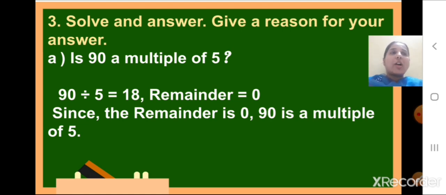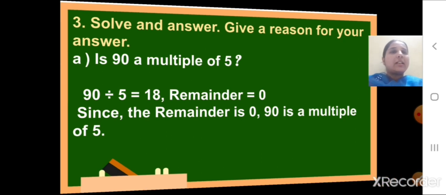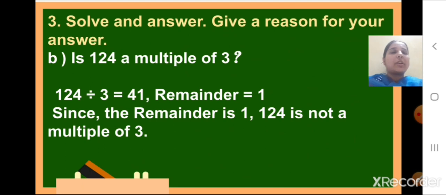Okay. Although I have solved it and showed it, but you can also write it like this. Okay, with the reasons. This is for question number A and this is for question number B, to find whether a number is a multiple of the given smaller number or not. Okay, these are the reasons.